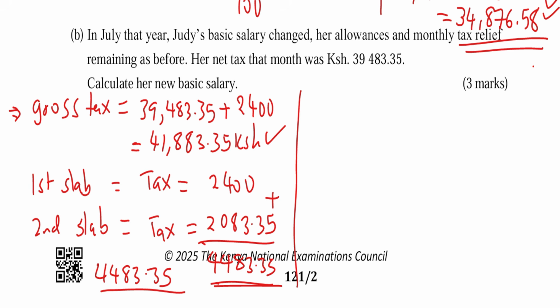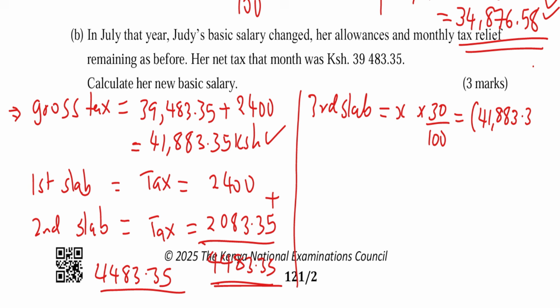the first two slabs. Now for you to get the third slab, the tax for the third slab usually is given by a certain amount multiplied by 30%, na ile taxation uliopata katika third slab is basically 41,883.35 minus 4,483.35.